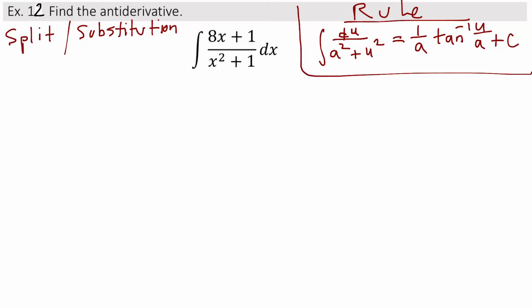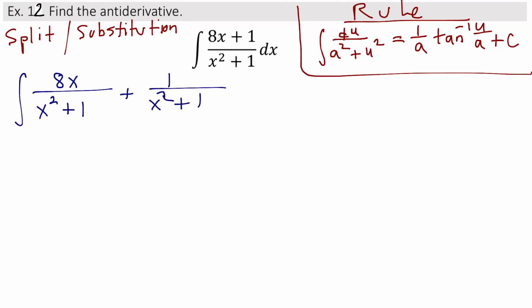So what I mean by splitting it up is that I think about what my common denominator idea allows me to do. So if I go backwards with the common denominator idea, I can say I've got 8x over x squared plus 1, plus 1 over x squared plus 1.